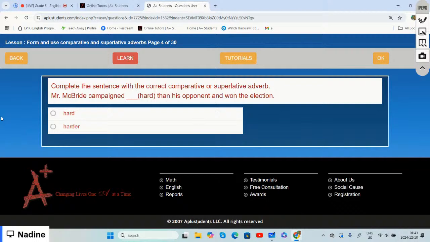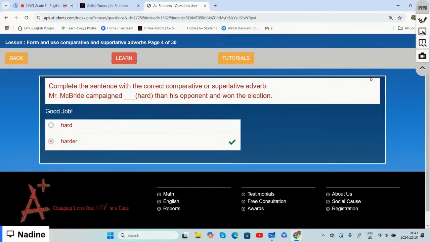And if we were to choose the correct option, we would say that Mr. McBride campaigned harder, comparative adverb, than his opponent and won the election.